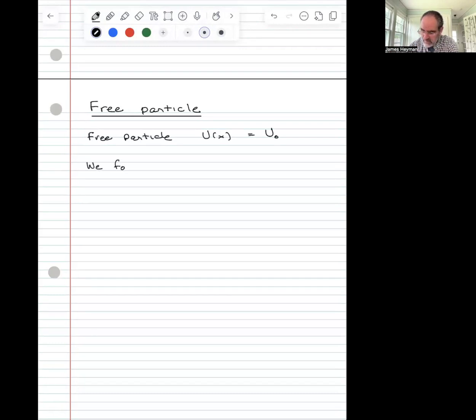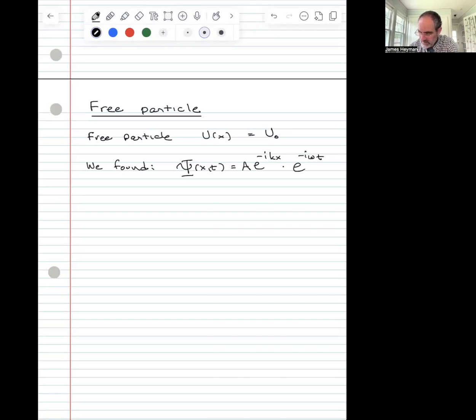We've already found that the most appropriate wave function for a free particle looks like this. Psi of x and t is equal to A times e to the plus i kx times e to the minus i omega t.